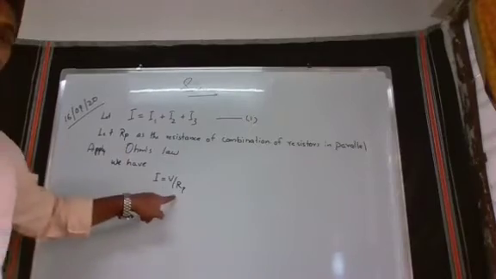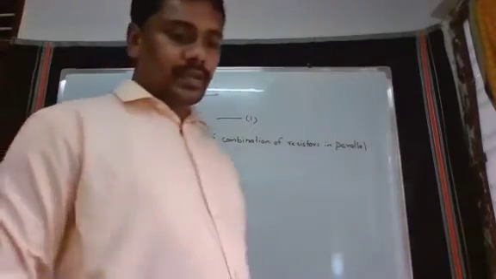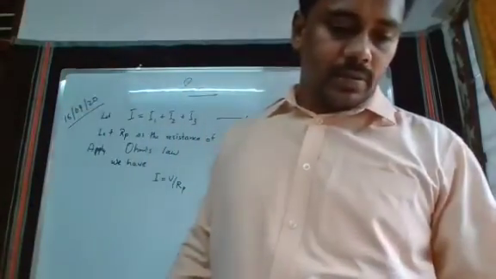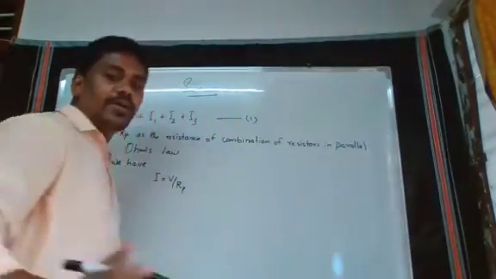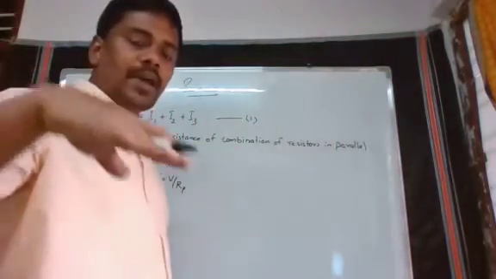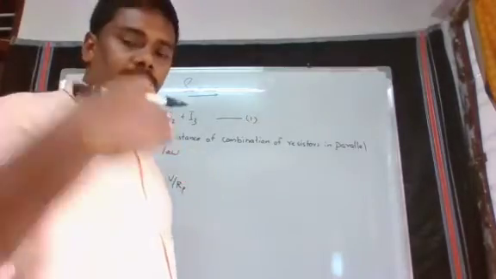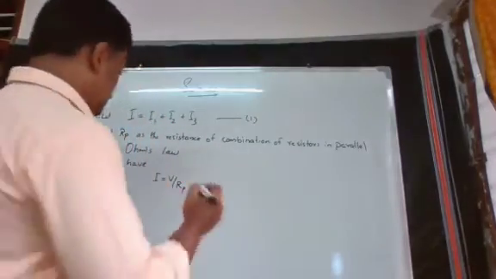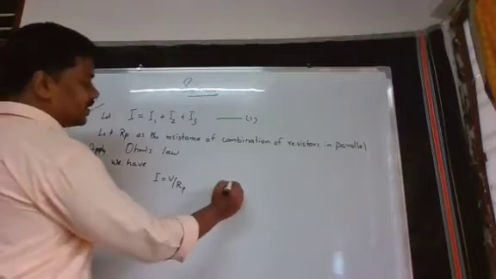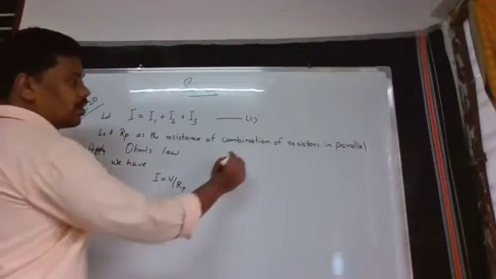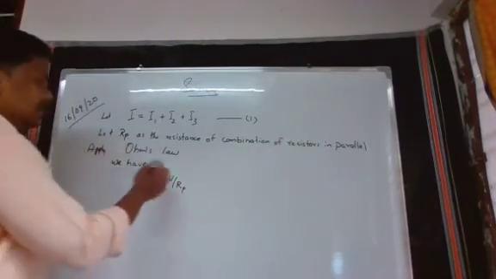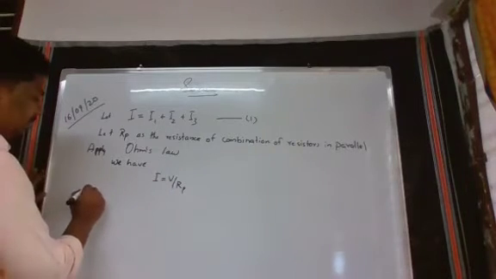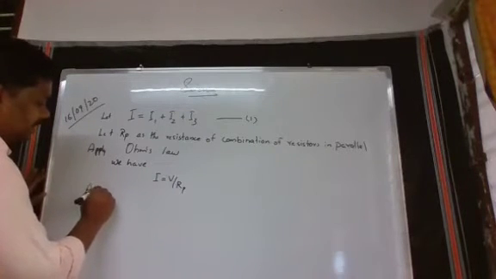So we put there RP. Then what's next? Next we are going to apply Ohm's law to individual resistors. This was for the entire circuit, the combination of resistors in parallel, and now we apply it individually.